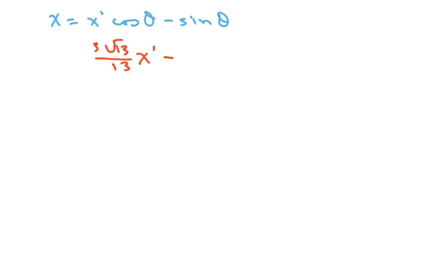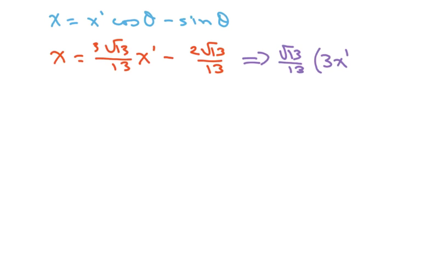And sine of theta was 2 square root of 13 over 13. This equals your x. We're going to simplify this and pull out square root of 13 over 13. That leaves us 3x prime minus 2, whoops, I forgot my y prime.